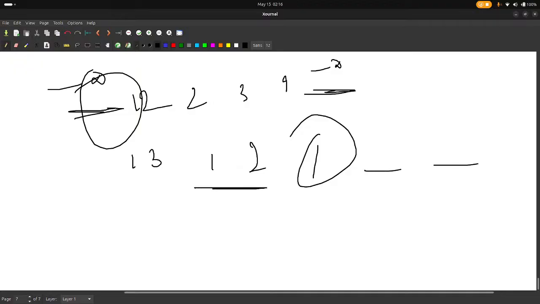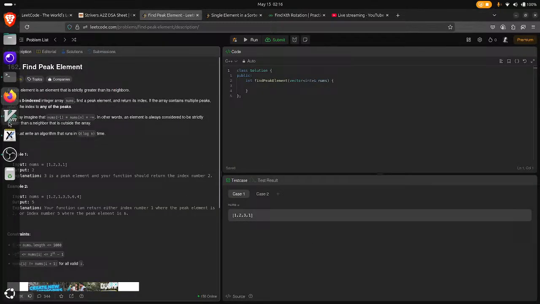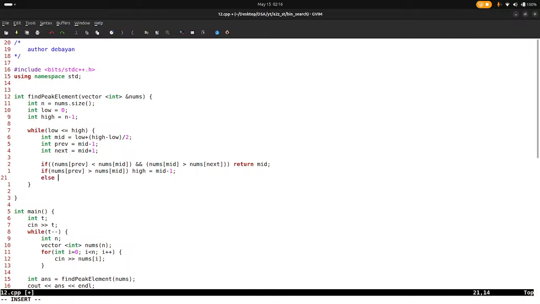When this is higher, in which position am I? I am considering 12 is here and 1 is here, so it should be at the left part, right? So I have to go left, so high equals mid minus 1 is my answer. High equals mid minus 1, else low equals mid plus 1.